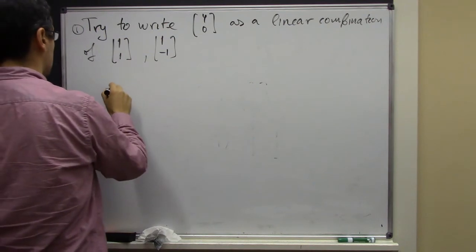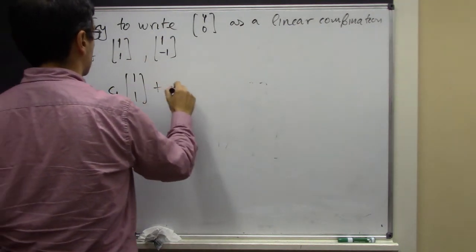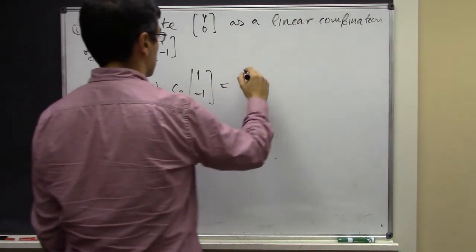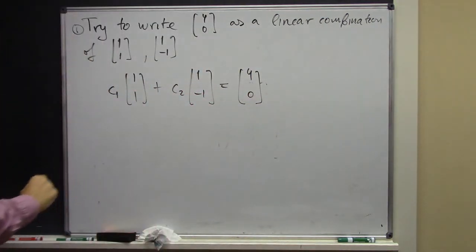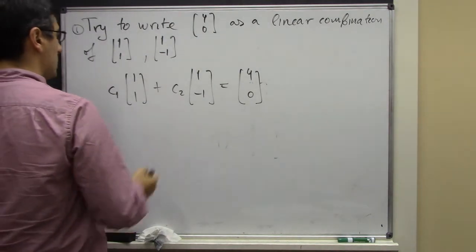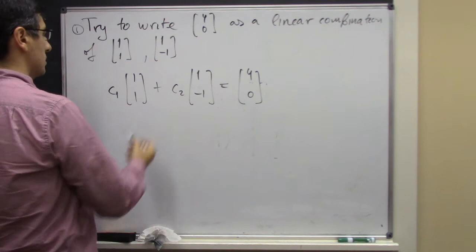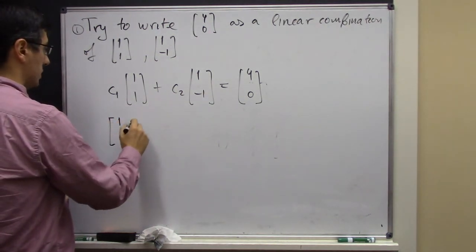So we want c1 (1, 1) plus c2 (1, -1) equal to (4, 0). Well, this is nothing else than a system of linear equations, and we're trying to find a specific solution of this system. So we do our echelon form business again.